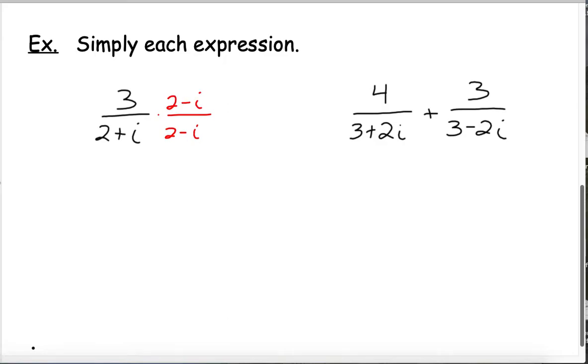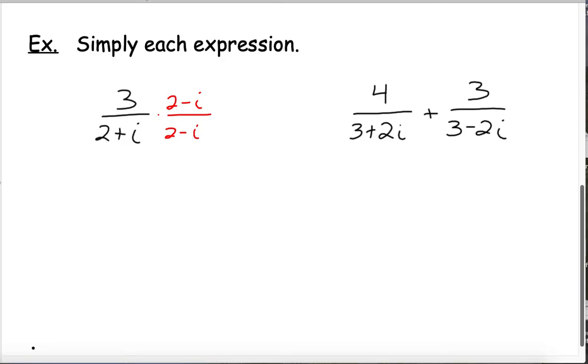Notice I'm multiplying by a form of 1, and 3 over 2 plus i is just an expression. It's not an equation. For expressions, you can only multiply by forms of 1. Otherwise, you're changing the value of that expression. Now, when you're solving an equation, you can multiply by anything you want, as long as you multiply both sides by that. But here we have to multiply by a form of 1.